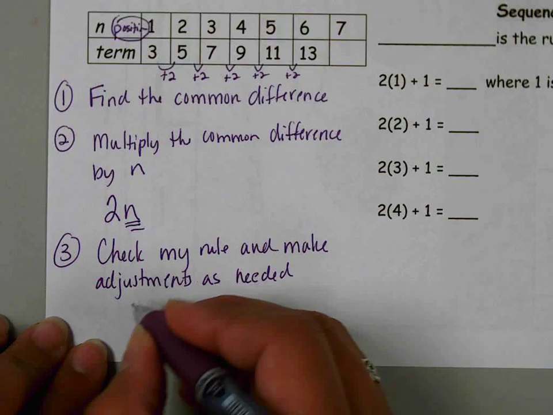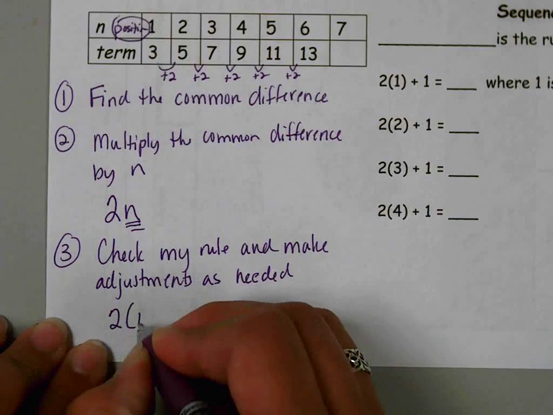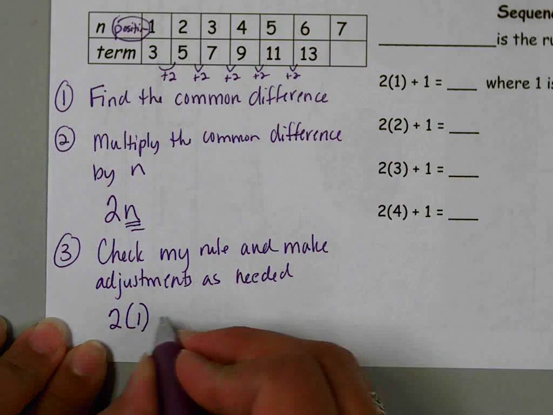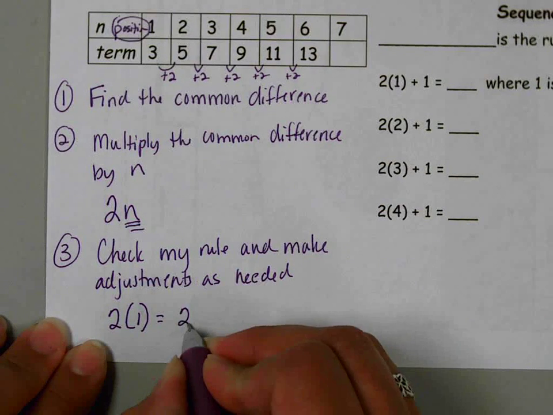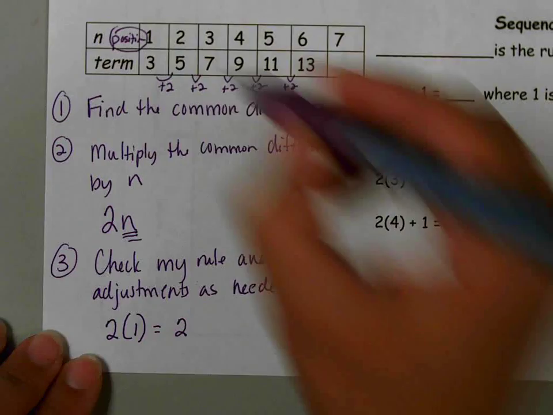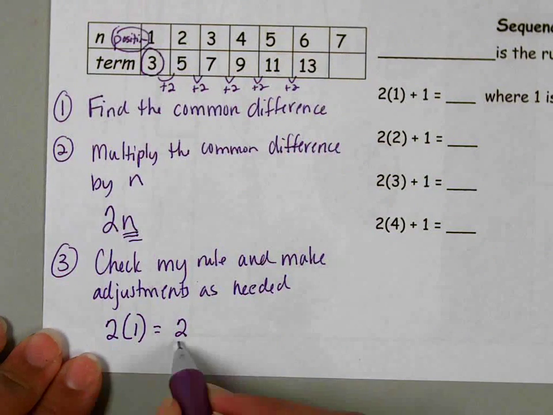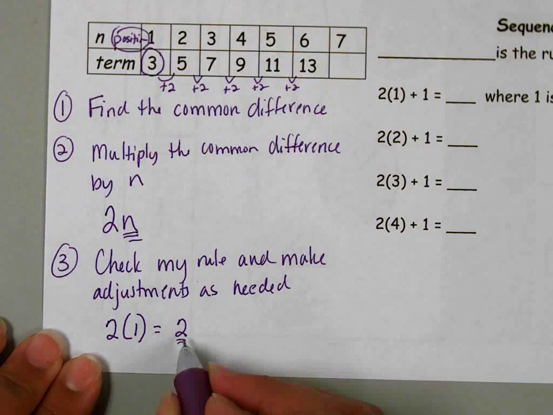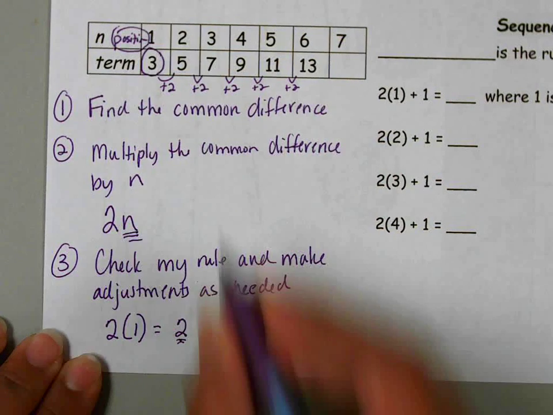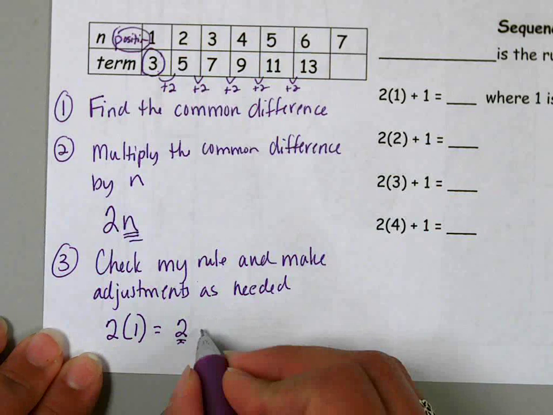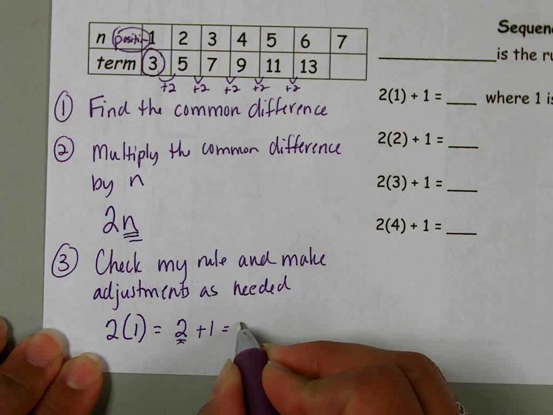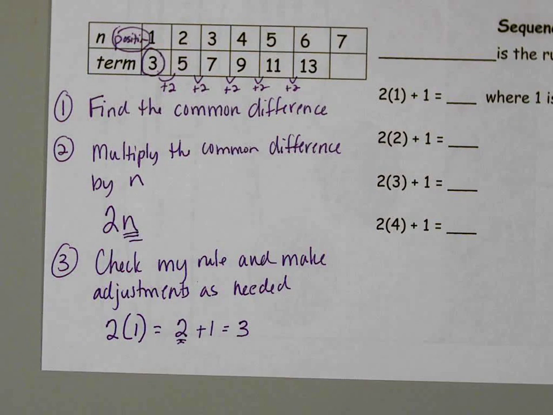If I do 2 times the first position, 2 times 1, I would get 2. If I go back and check the term in that position, it doesn't match. So what would I have to do to the 2 to make it a 3? I would add 1, and that would then be the correct term.